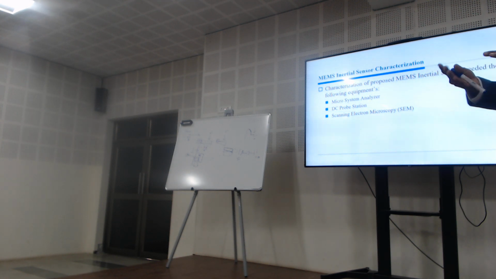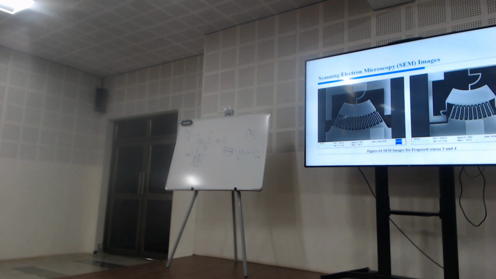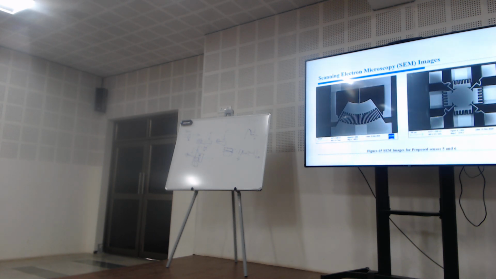One is SEM, by using which we can check how our design is coming. That is the microscope image. This is the first design, this is the second design after fabrication, this is the third one, and this is my final design. For comparison purposes only, I designed these 4 recently.